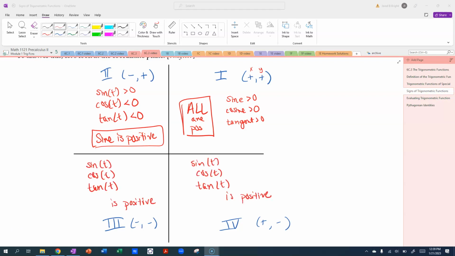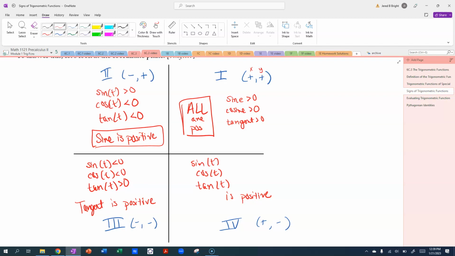All right, so in quadrant 3, sine, which is the y coordinate, is negative. Cosine, the x, is negative. And when we do negative divided by negative, we get a positive. So tangent and its reciprocal, cotangent, both of those are going to be positive.